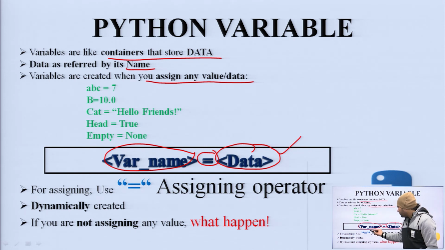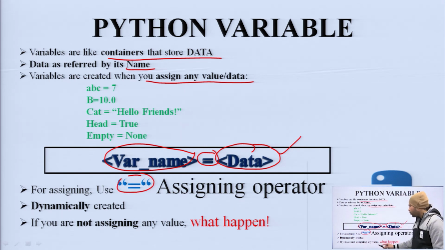Of course, this equal to symbol is considered an assignment operator. What's more is that it is dynamically created. That means, on the spot, whenever it executes the statements line by line, only at that time are the variables created. Now, a question arises: if you are not assigning a value to a variable, what will happen? Before that, you can see the syntax, variable name is equal to data.